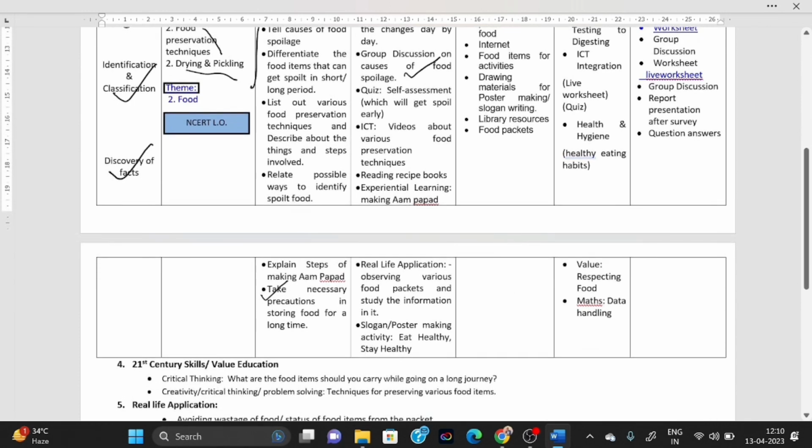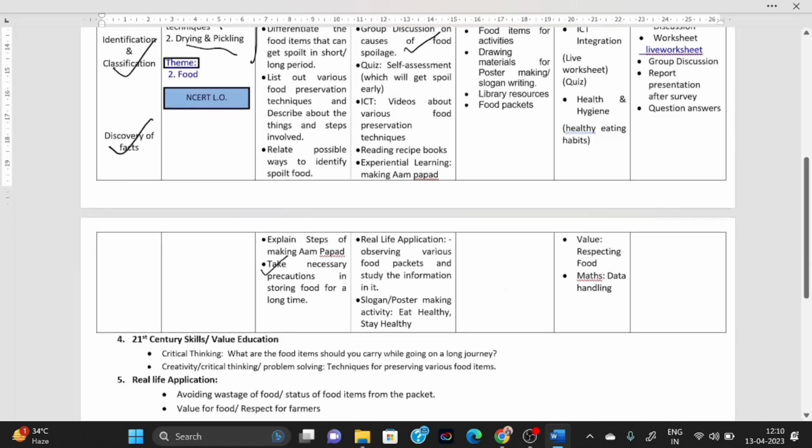Then experiential learning: they will experience making aam papad, as described in the book. Then real life application: observing various food packets and studying the information on them, like the expiry date, the manufacturing date, the ingredients of that particular food item, etc. And finally, a slogan and poster making activity on the topic eat healthy and stay healthy.